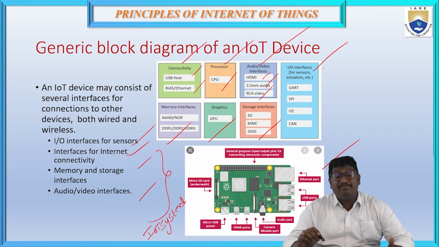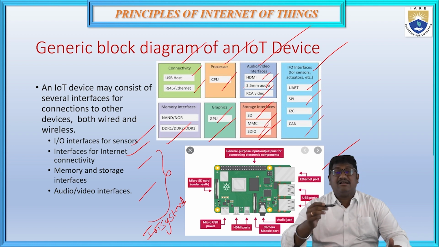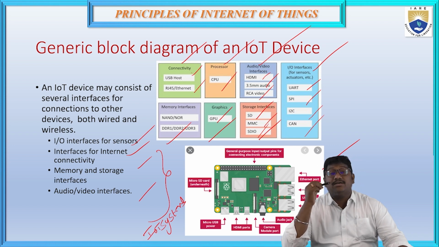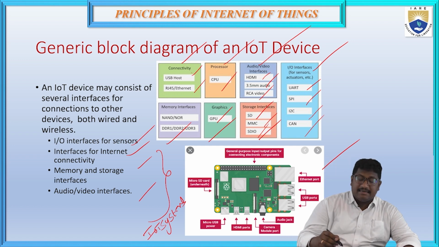If we go for input and output interfaces, what do we require? We require SPI, I2C, CAN. If you go for storage related interfaces, such as SD cards, MMCs, SDIOs. And if you go for graphics related interfaces, GPU, which is the graphical processing unit, plays a major role whenever you are performing game related analytical processes.